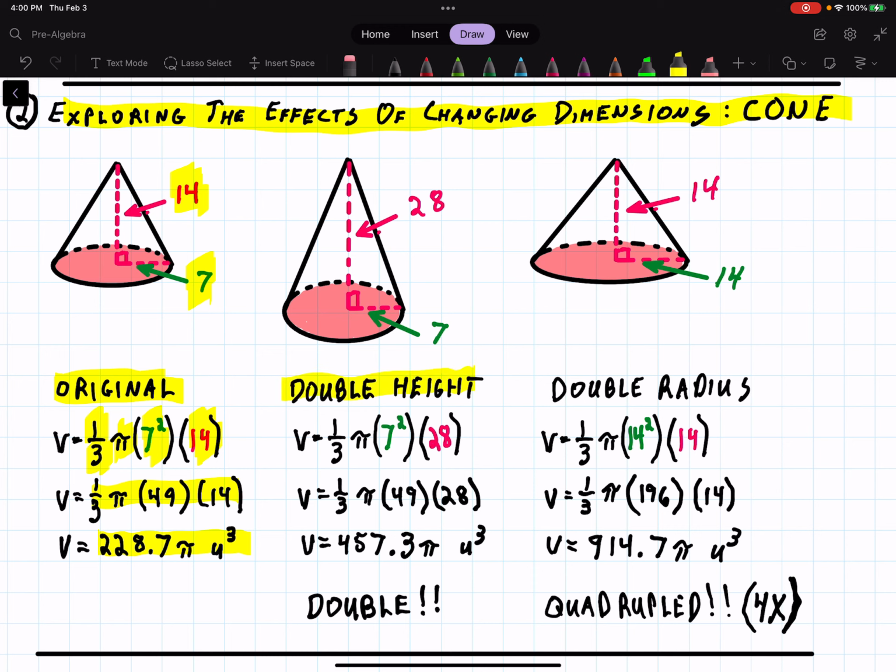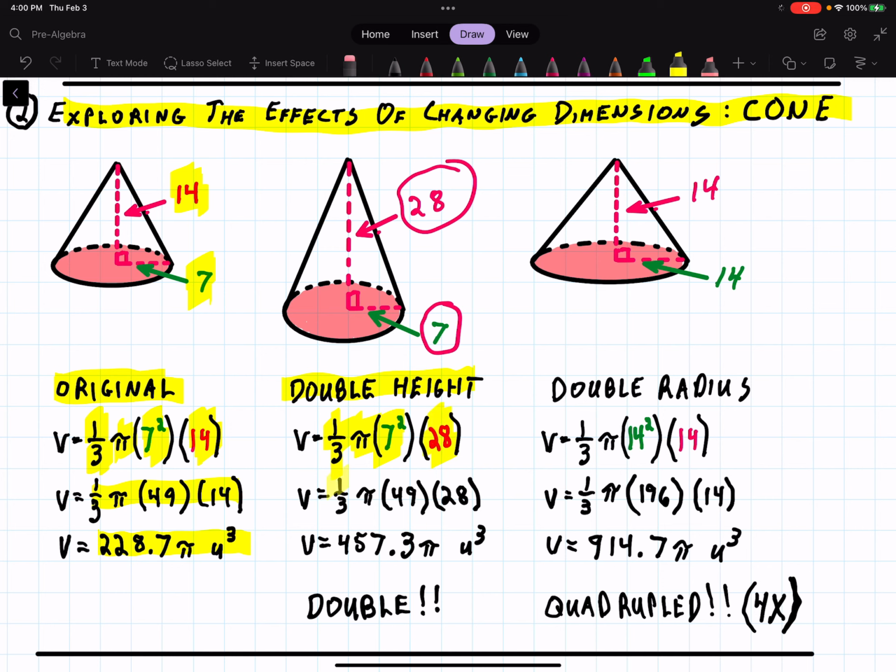So now we're going to double the height. In this one, you can see that our height is now 28, but our radius is still 7. So we still have our 7 squared in our radius times pi for the area of that circle. We still multiply it times 1/3 because that's part of the volume, but this time instead of using 14, we use the height of 28.